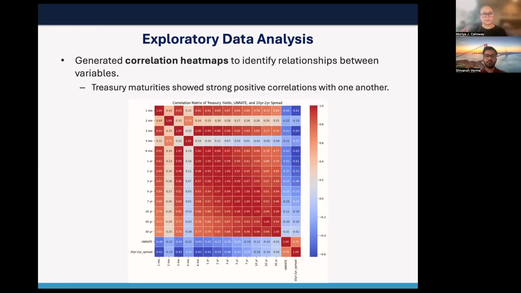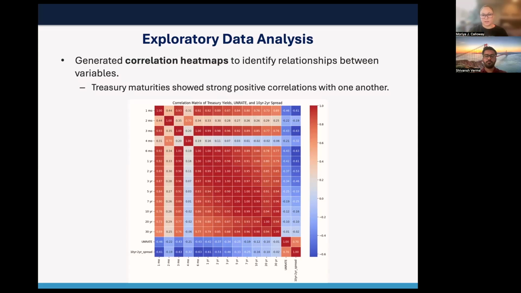And then we also did a correlation heat map, which shows the relationships between the variables. So you can see where it's red, that's highly correlated, and where it's blue, it's not correlated as much. So you can see that the Treasury maturities showed strong positive correlations with one another, which is where you'll see all the red boxes.